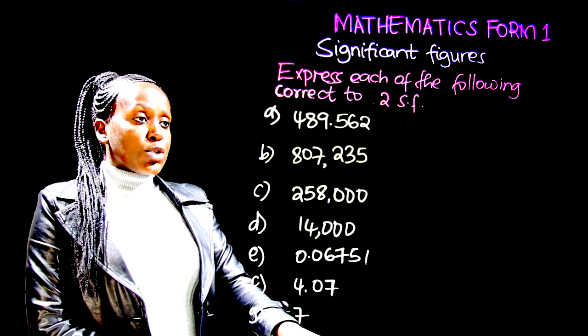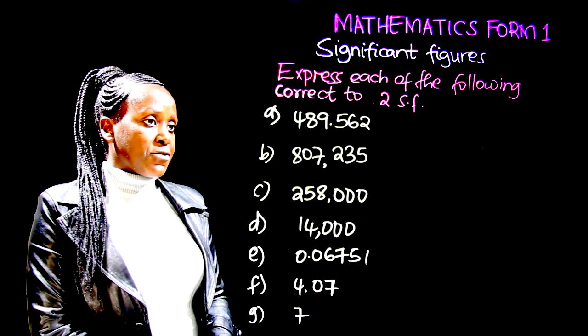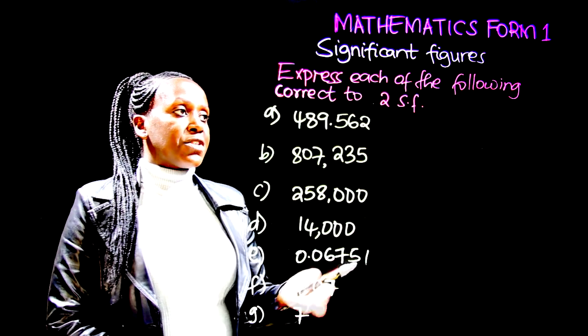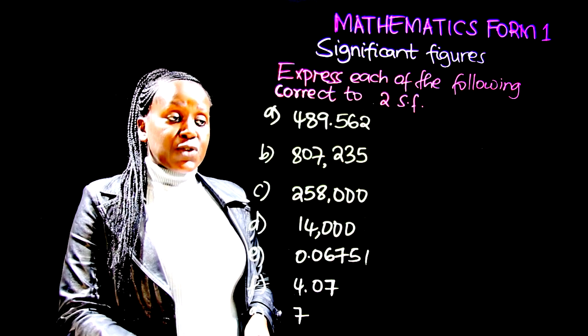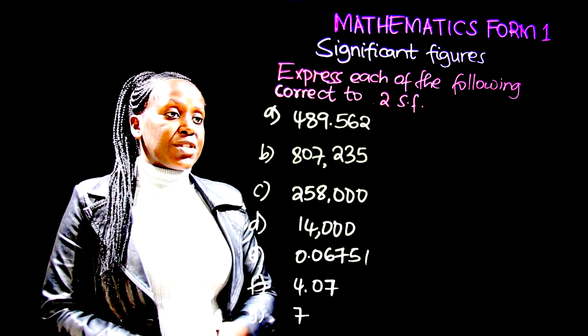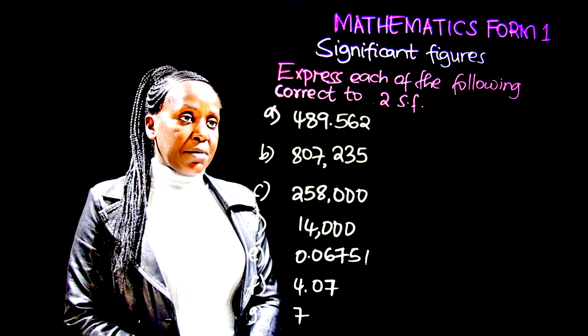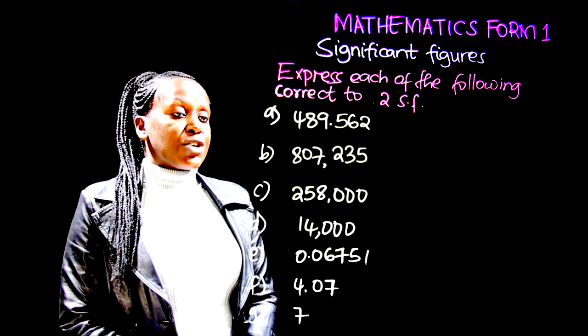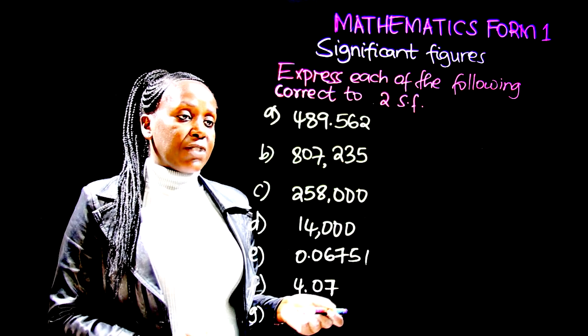Alright, so now we are going to write these numbers correct to 2 significant figures. Express each of these numbers correct to 2 significant figures. So when writing numbers correct to 2 significant figures, remember the 4 rules that we have stated. Now the process is you start counting from the left hand side of the number.